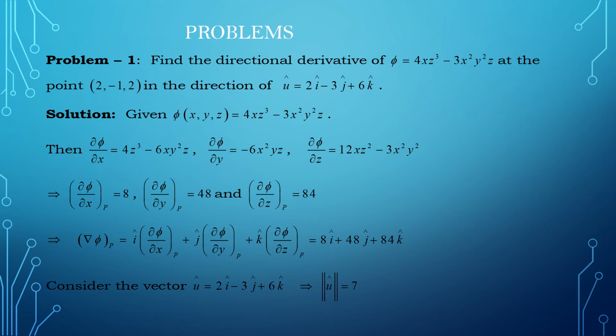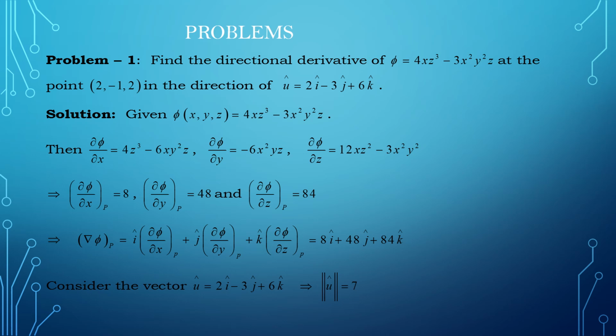Dou phi by dou y equals minus 6x square yz. The partial derivative of phi with respect to z is dou phi by dou z equals 12xz square minus 3x square y square.